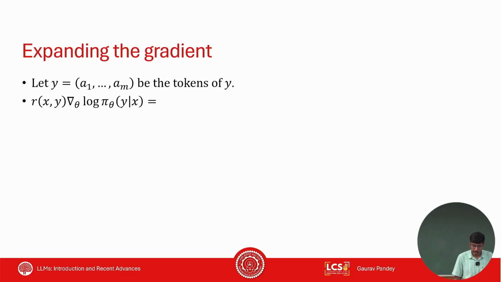So let's say your y is a response that actually consists of the tokens a1 to am. So I can expand the log probability under the policy of an output y in terms of tokens, because it is an autoregressive model. How do I expand this? Does anybody have any idea what becomes of the log probability of y if I expand?